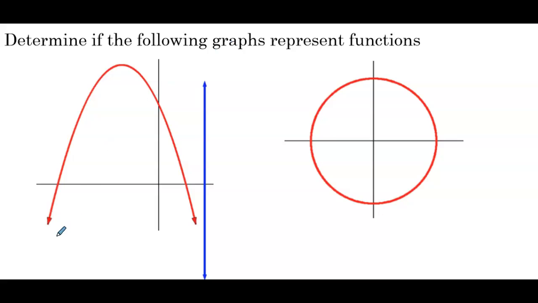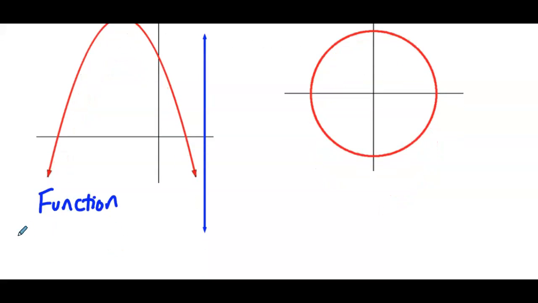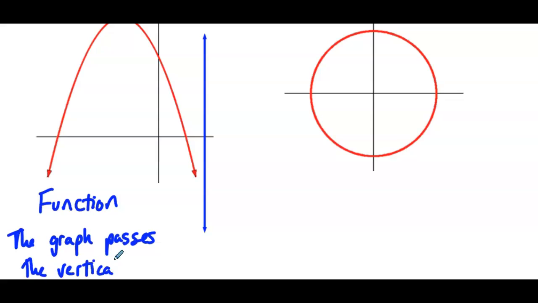So it is a function, and our reasoning is the graph passes the vertical line test.